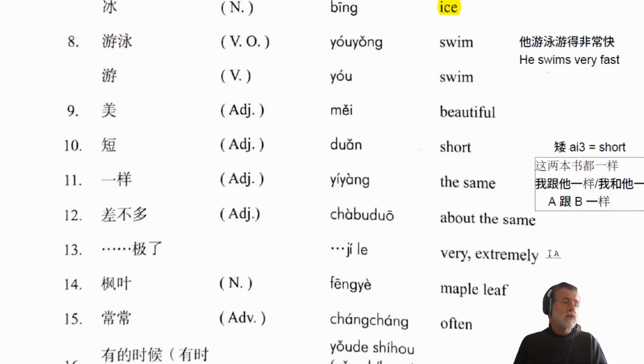Thing is also, you can use it to qualify quantity, age, time. So you might say, there's roughly 100 people here. You can say 这边有差不多100个人.